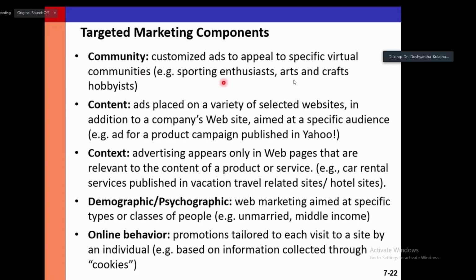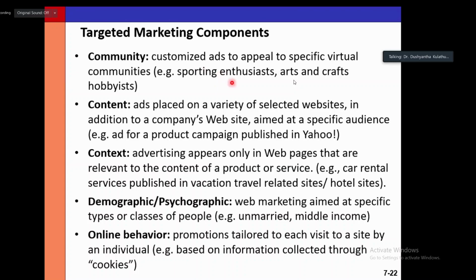The example here is sporting enthusiasts. There can be certain virtual communities connecting people who are interested in sports. So if it is a company which sells sports goods, they can effectively target that particular group of customers, because the users involved in that virtual community are the ones who are interested in sports.